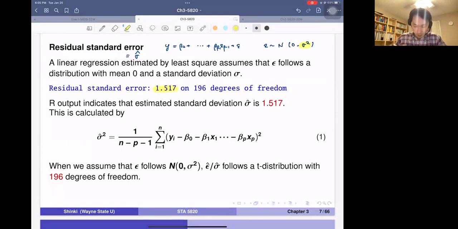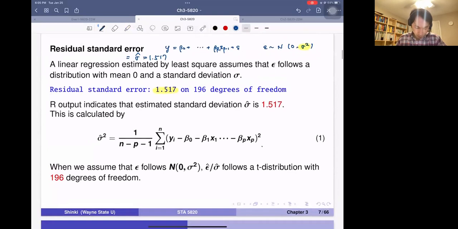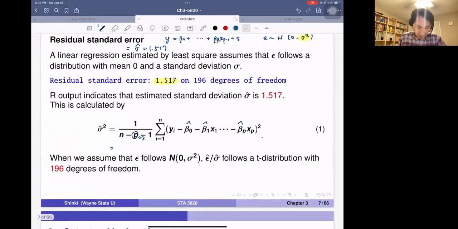You can see in the previous slide that the residual standard error is 1.517, and it's calculated in this way. Sorry, we have some mistake. So beta hat, beta 1 hat, and beta p hat. This p is 3 here; this p does not include the intercept.